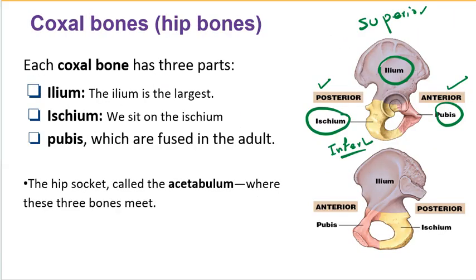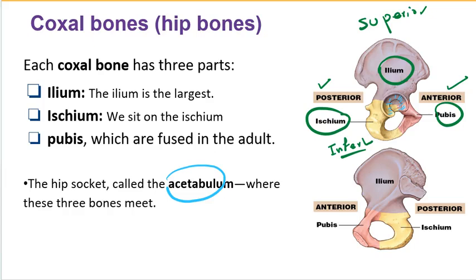One important bony marking of the hip bone that you have to know is the hip socket, or the cup-shaped part of the hip bone, which is called the acetabulum. You can compare it with the glenoid cavity.